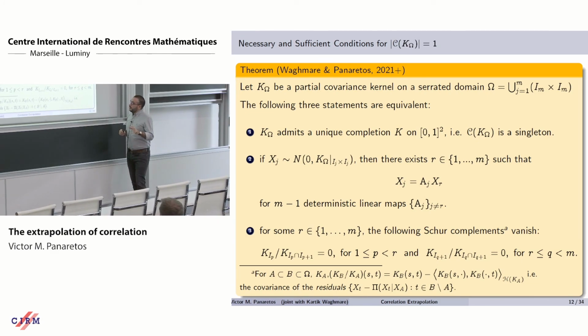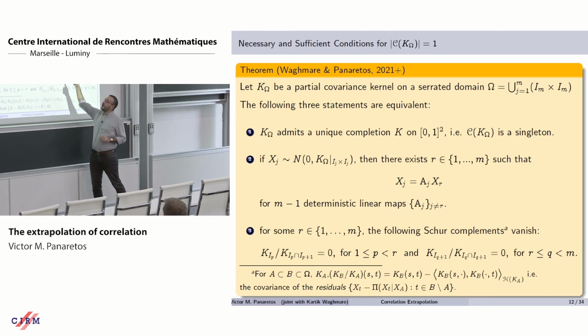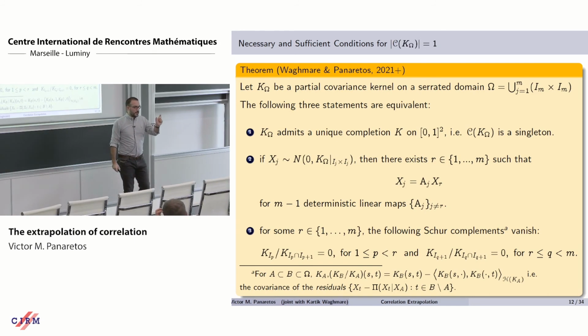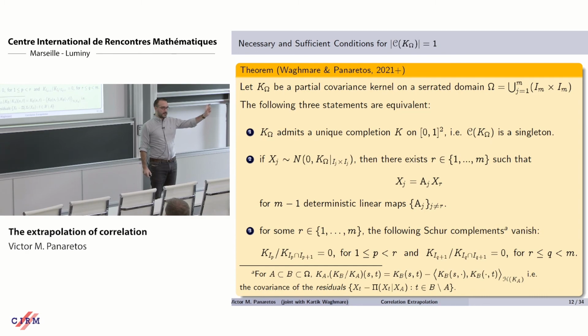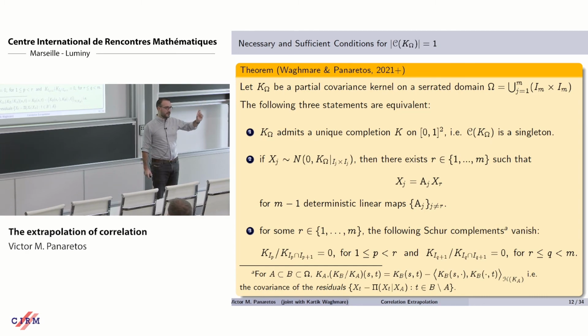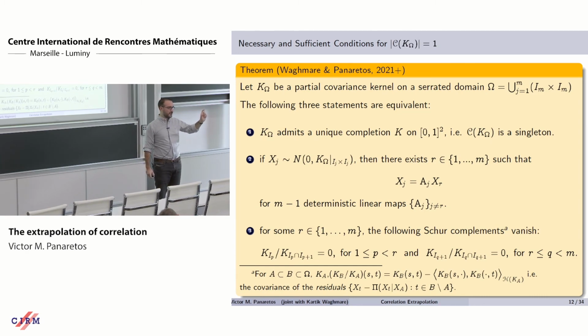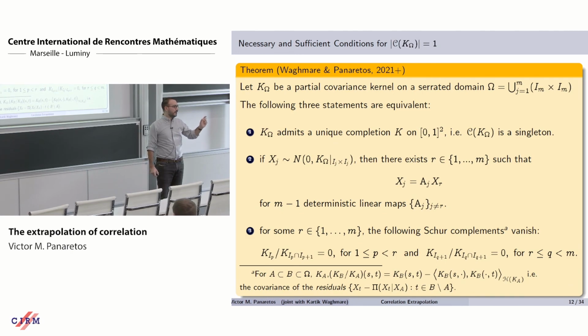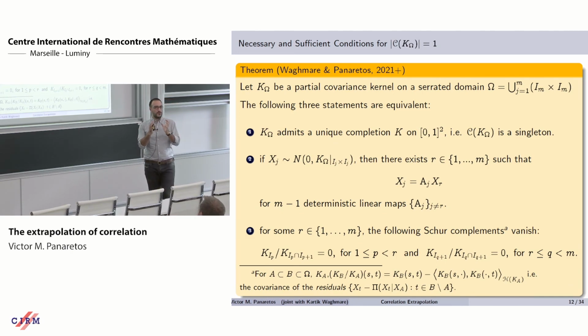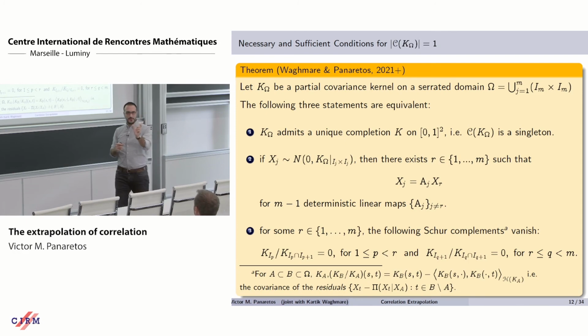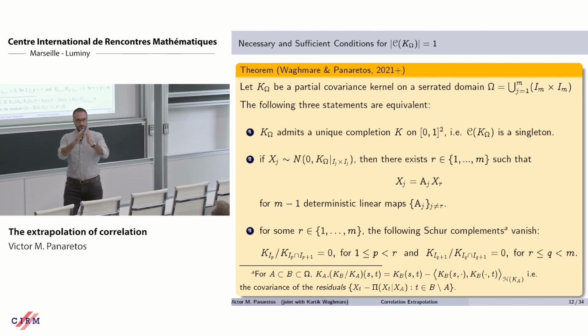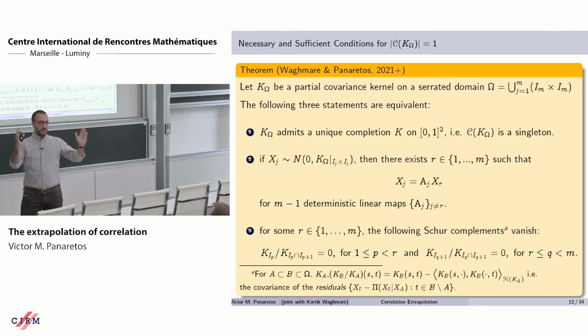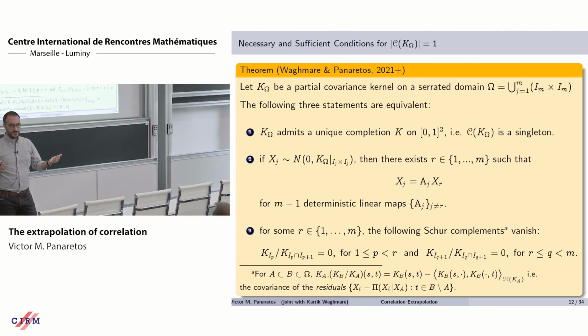So uniqueness holds if and only if one of these restrictions generates all the rest by deterministic linear transformation. So in particular, it means that all of the stochasticity of the process is contained on one of these subintervals and is propagated to the rest by linear transformation.